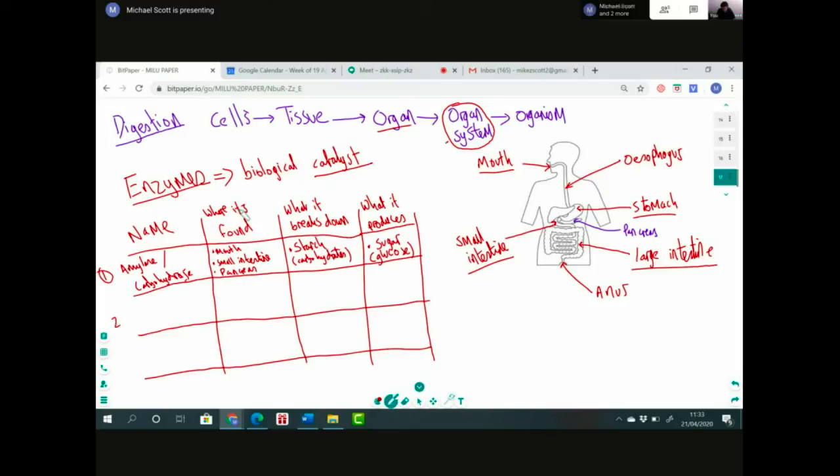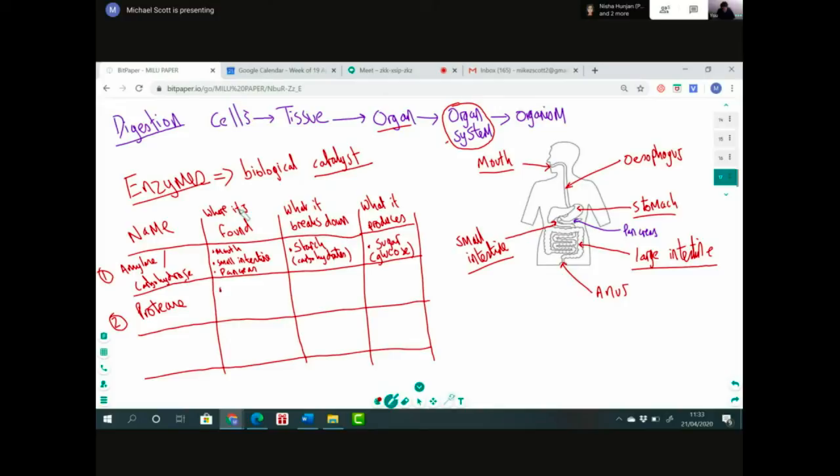If we look at this second enzyme, the second enzyme is called protease. Protease is another enzyme that breaks down a food group, and hopefully you can probably tell by the name what food group it breaks down.